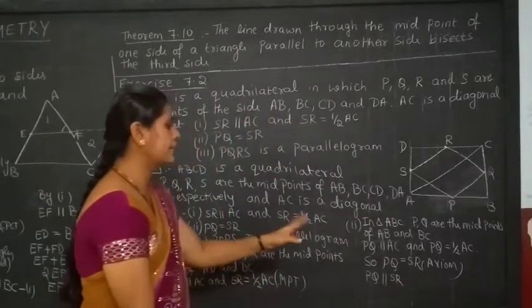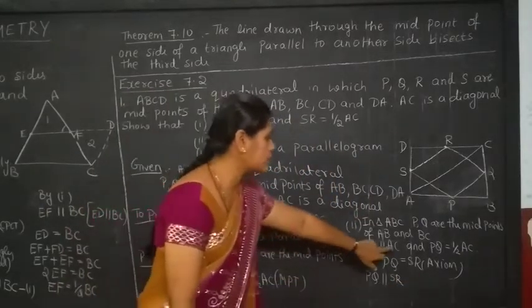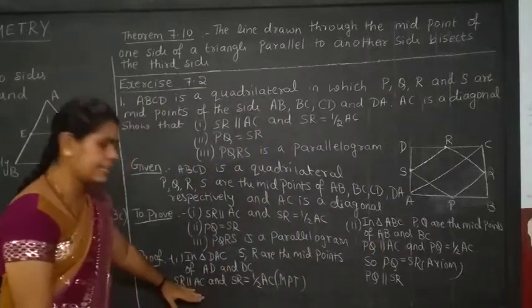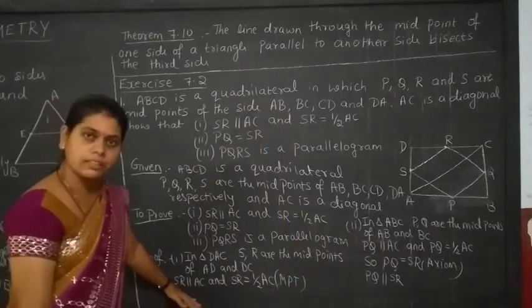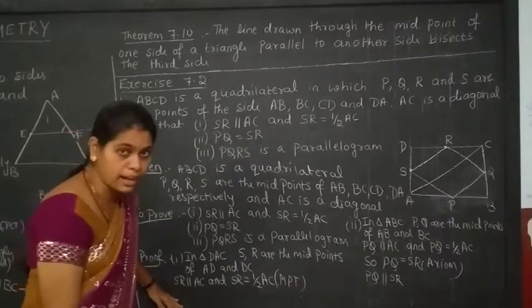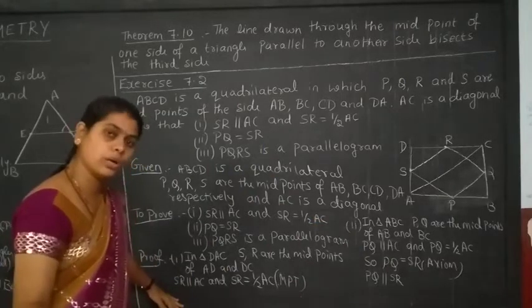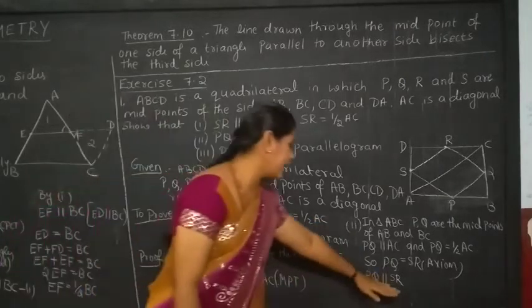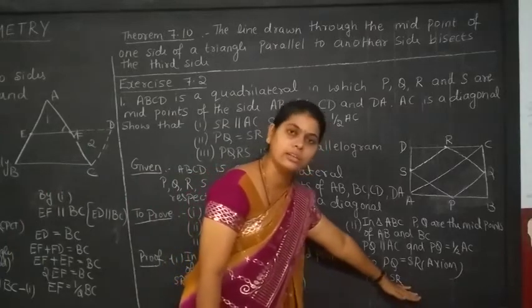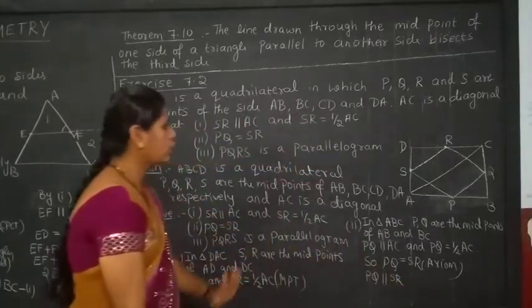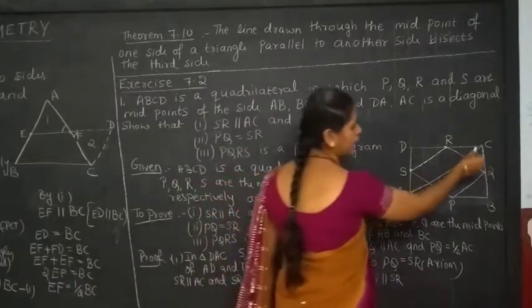That is also by the axiom. PQ is parallel to AC and SR is also parallel to AC. Things which are parallel to the same thing are parallel to one another. So I can write PQ is also parallel to SR. That is lines parallel to the same line.